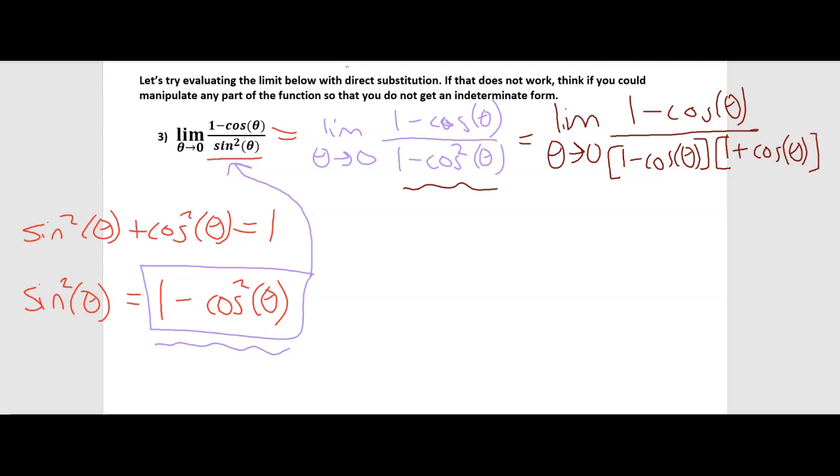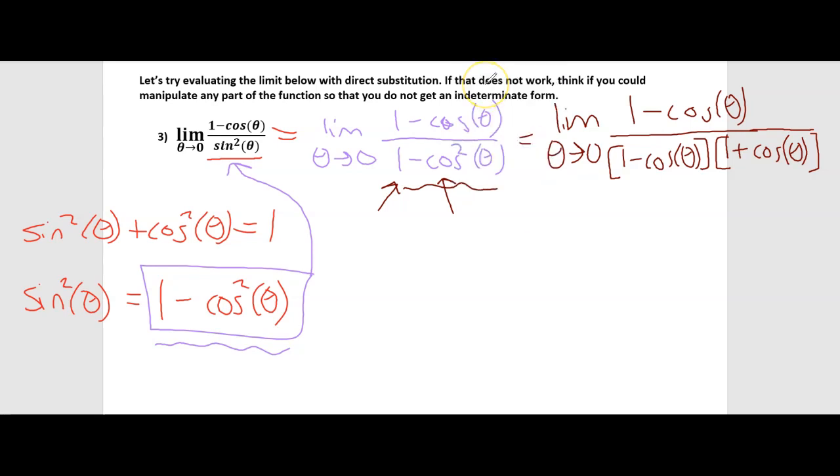And again, that's just factoring the difference of squares if we think back to Algebra 1. You may not have done something as complicated as this in Algebra 1, but it's the same idea, right? As long as you can identify that 1 and cosine squared are perfect squares, you can factor them.